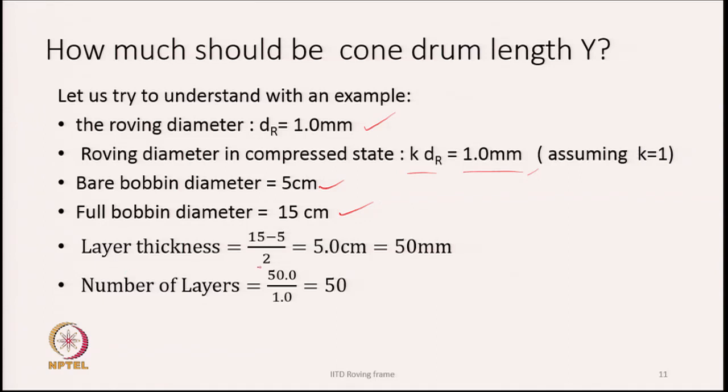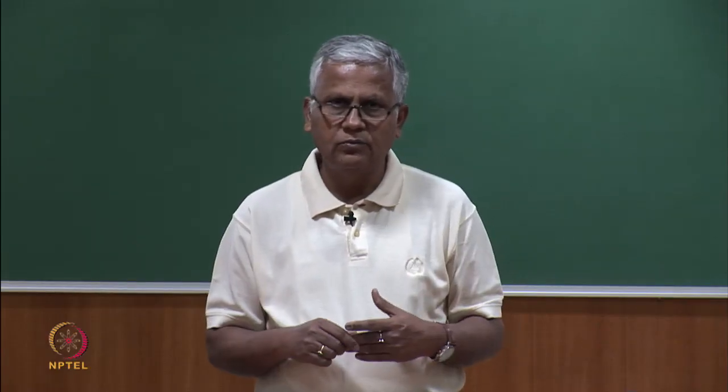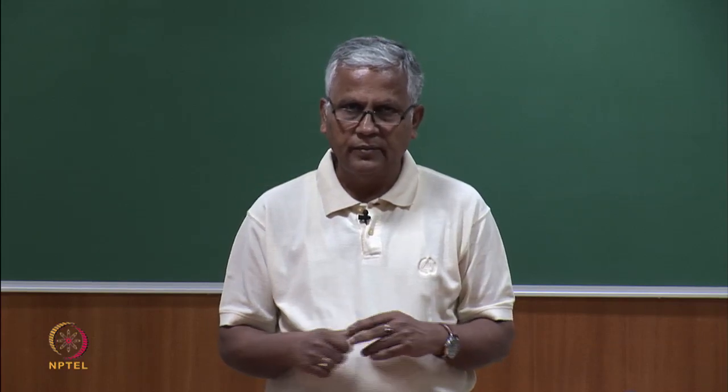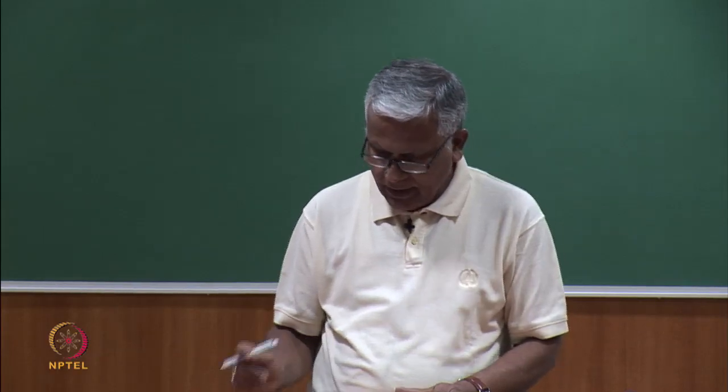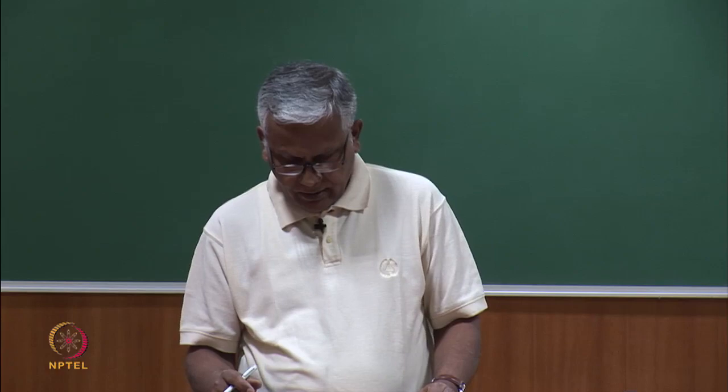So, if we try to calculate the layer thickness, it is going to be (15 minus 5) by 2, which will give you 5 centimeter or 50 millimeter. So, if I take the cross section of a roving bobbin whose dimensions are 5 centimeter and 15 centimeter, its combined layer thickness will be around 50 mm. Therefore, how many layers do we require? 50 by 1, since each roving diameter is 1 millimeter.